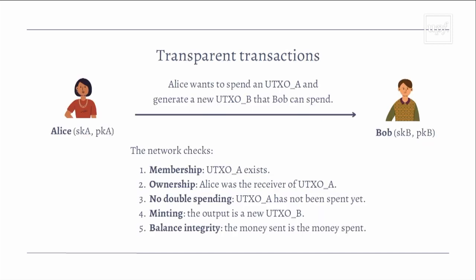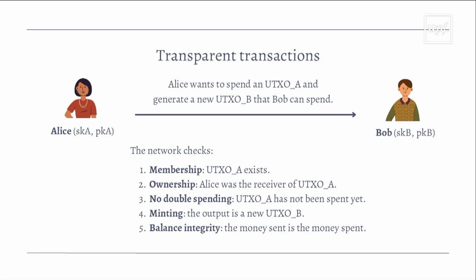So when we have these kind of transactions where everything is transparent, a transaction is pretty easy. Imagine we are Alice and we say, okay, I want to spend this unspent transaction output. I want to send it to Bob. So I will create a new unspent transaction so that he can spend it. So the network can easily check the following things.